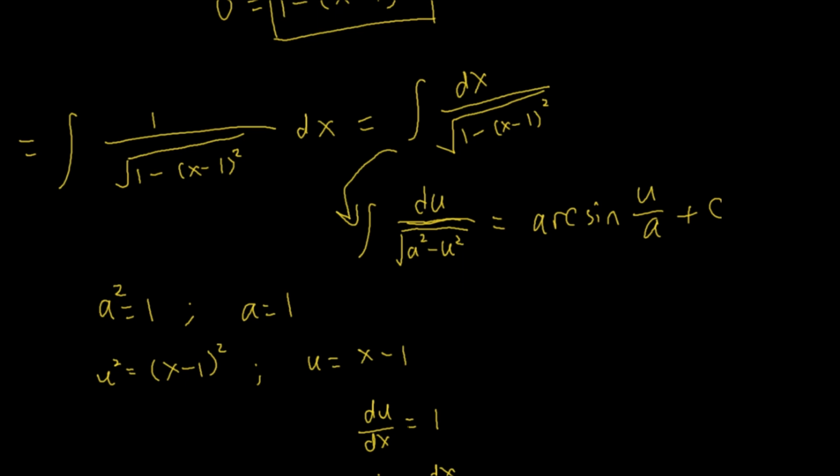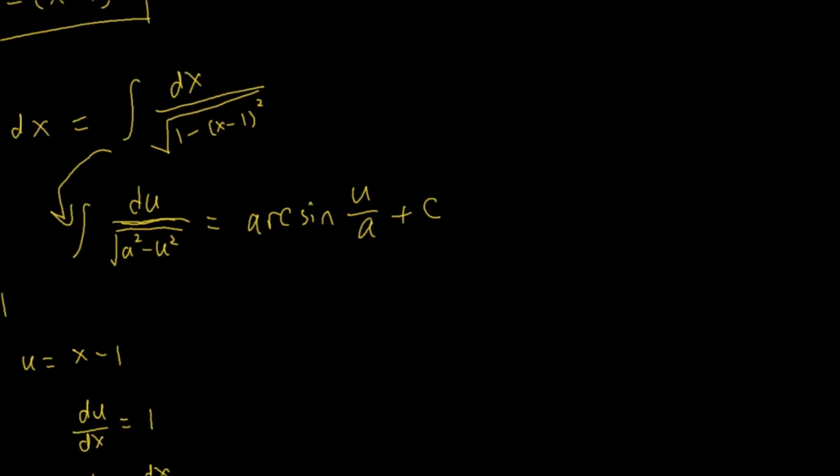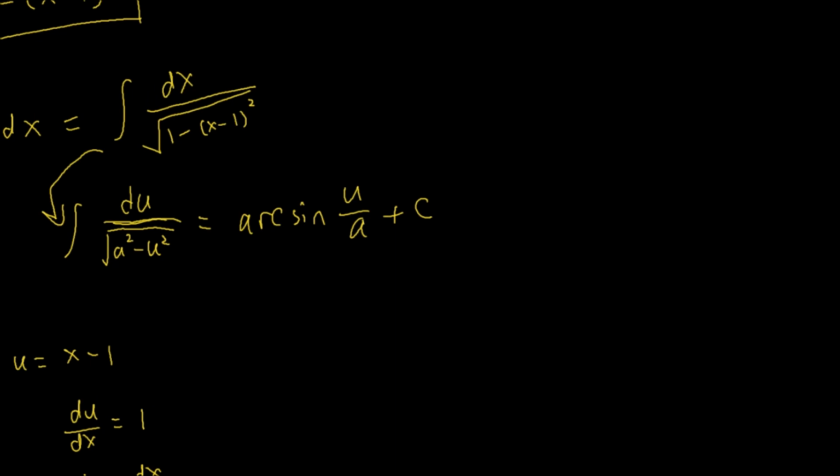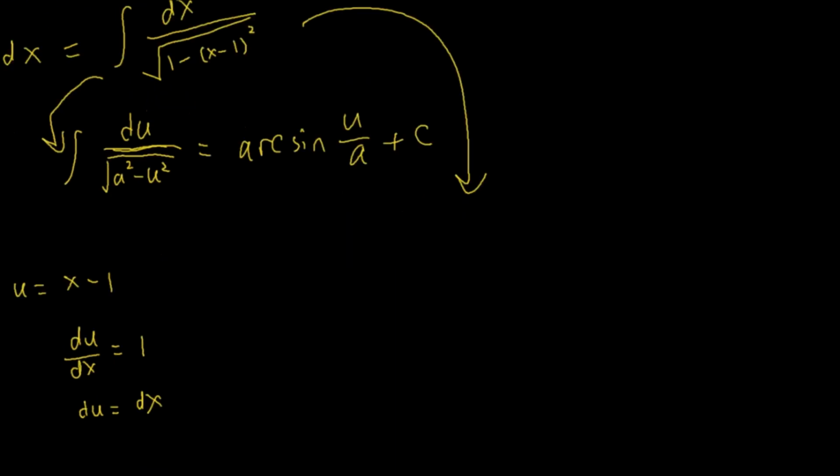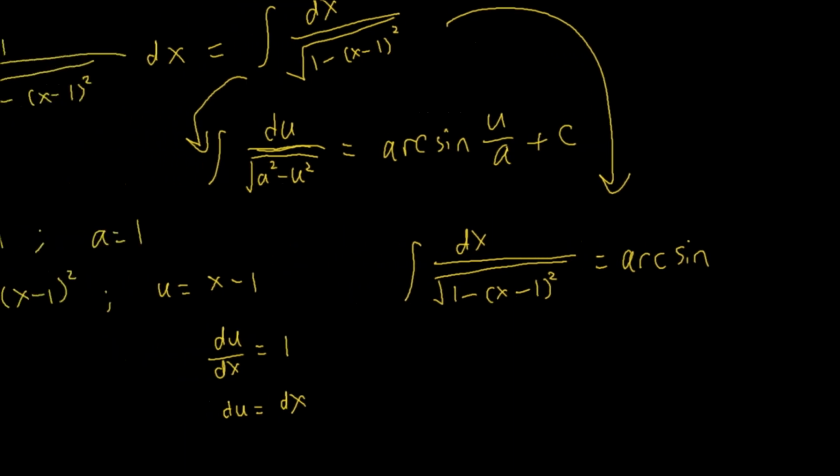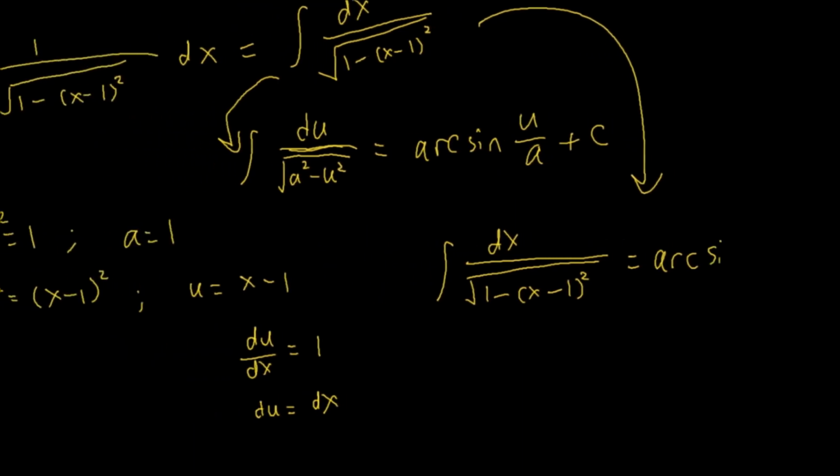So what does it mean? The integral of dx over the square root of 1 minus x minus 1 squared is equal to arc sine of u over a, where u is x minus 1 and a is 1.